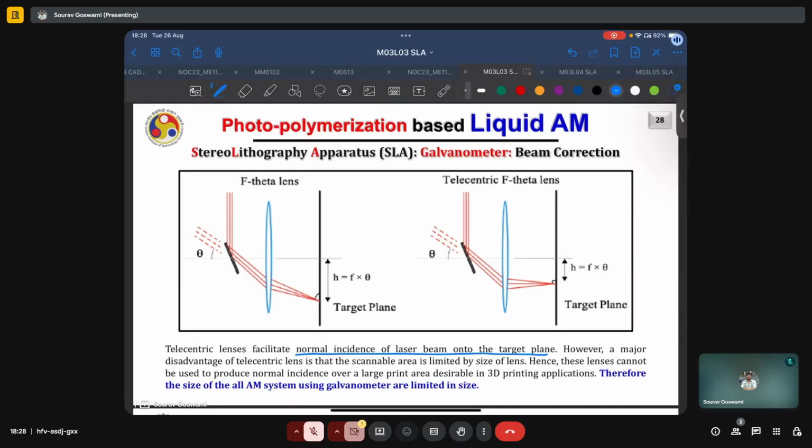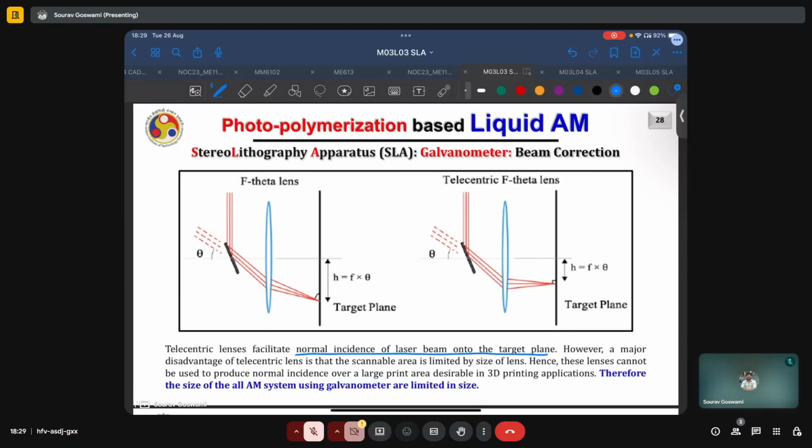Not only do we want to ensure that the laser spot is always scanning the surface of the printing plane, we also want to ensure that the beam is always falling normally to ensure that the cross section of the beam is no longer distorted, and it is always maintained in its original shape. And second, to ensure maximum absorptivity into the material, which is controlled by the Beer-Lambert cosine law.